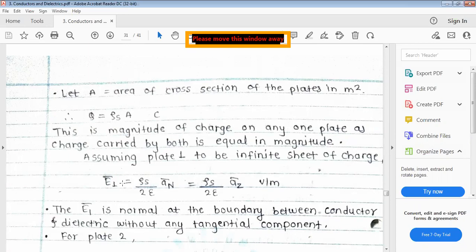We have seen in the first chapter the concept of electric field intensity, and we derived four equations: one for the point charge, then for the sheet charge, for the line charge, and the fourth one for a circular ring. So what is the equation for electric field intensity due to an infinite sheet charge? Does anyone know that equation?